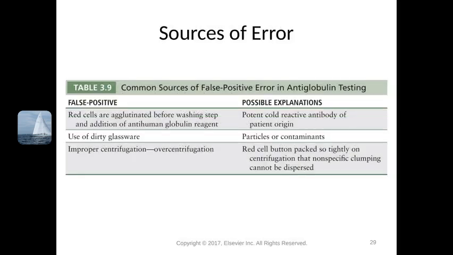So what kinds of sources of error can we see? Well, the cells may be agglutinated before we've washed them, so this could be a cold antibody. Or if we're using dirty glass, because we'll get junk in it. If they are not centrifuged right, over-centrifugation can cause a red cell button that doesn't come off the bottom of the tube, and that can be considered a false positive.